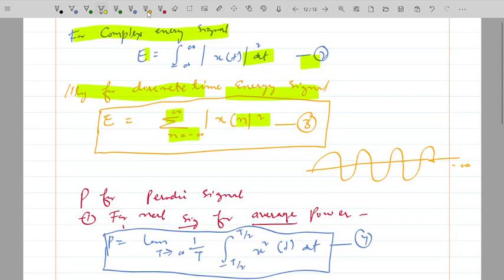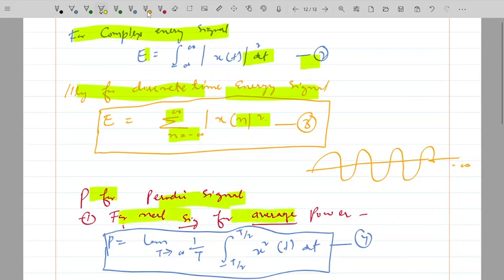And similarly for the power signals. Power signals are the periodic signals, for example sine, cosine, etc. And there are also three equations, first for the real signal.